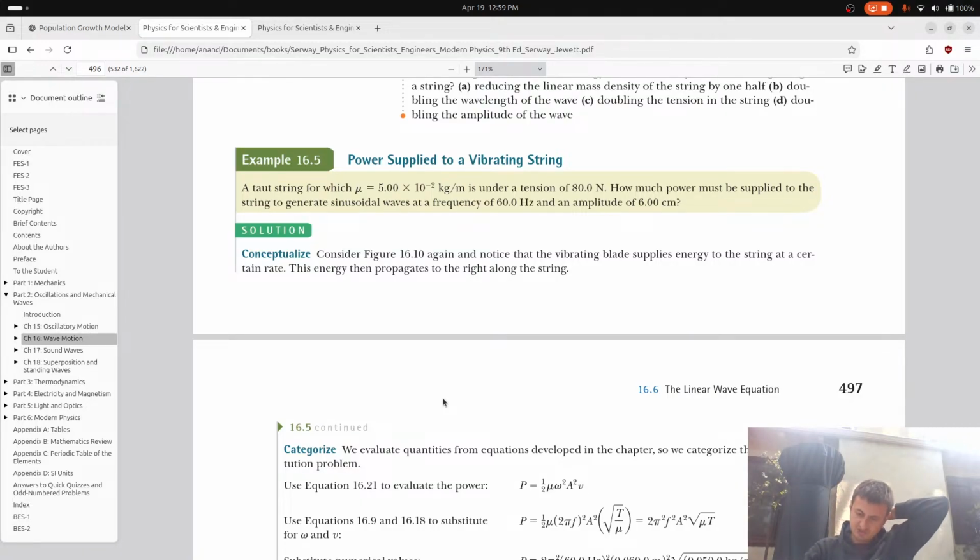So then we're going to get 2 pi, and then the amplitude squared. So this is 0.06 squared. This 2 pi actually needs to be squared also. Oh, but then this f also needs to be squared. So it's actually the cube of the frequency. Okay, then it's just going to be the wavelength. Do we know the wavelength?